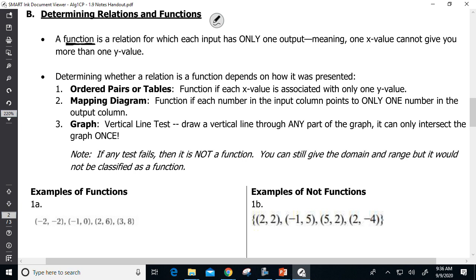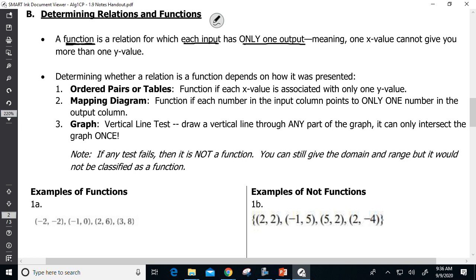A function is like a mathematical marriage in which each input has only one output. One input, one output. Just like a marriage. Meaning one x value cannot give you more than one y value. You're basically saying you can go to two different places at once, which can't be done.